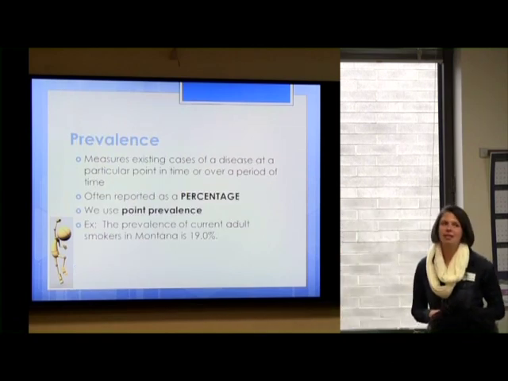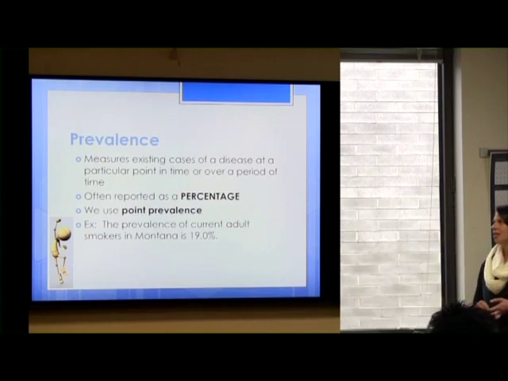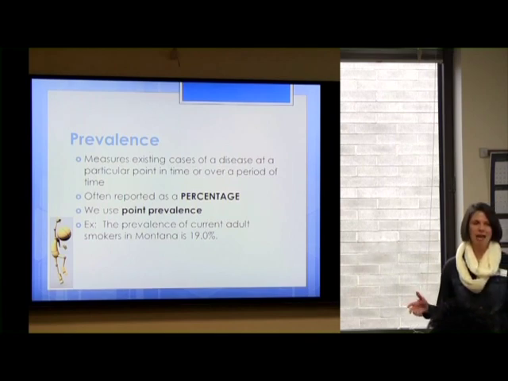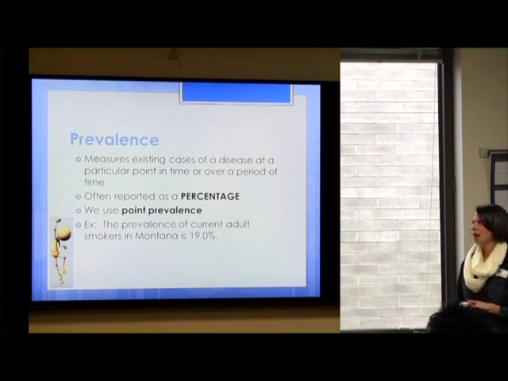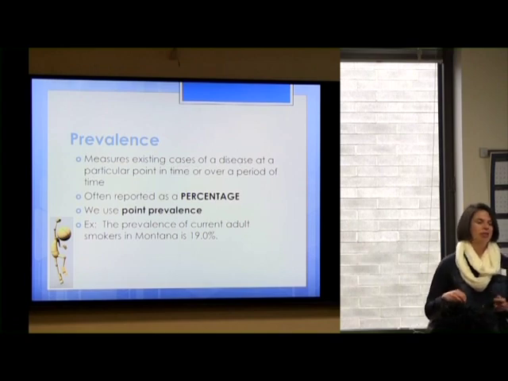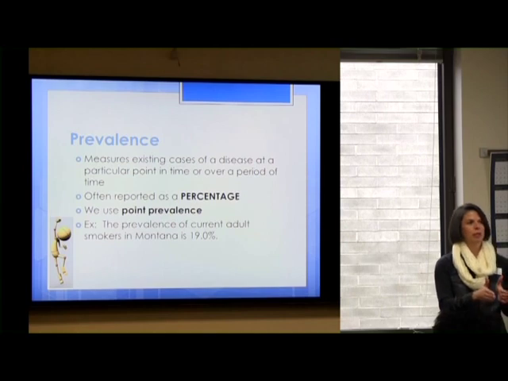Prevalence, on the other hand, is the measure of existing cases of a disease at a particular point in time or over a period of time, a period of several years. It's often reported as a percentage, and we usually use what we call a point prevalence, because we measure it at one moment in time, but we will say that the measure represents a whole year.